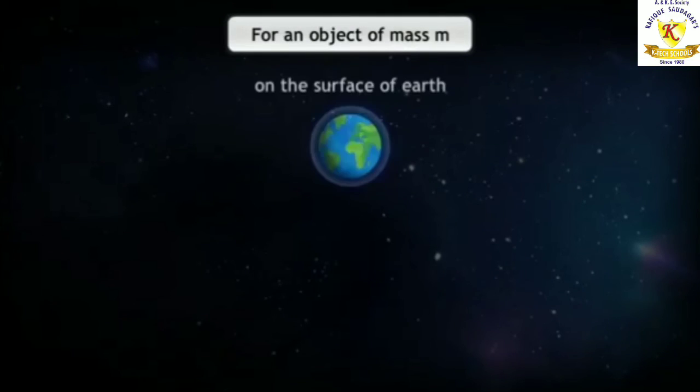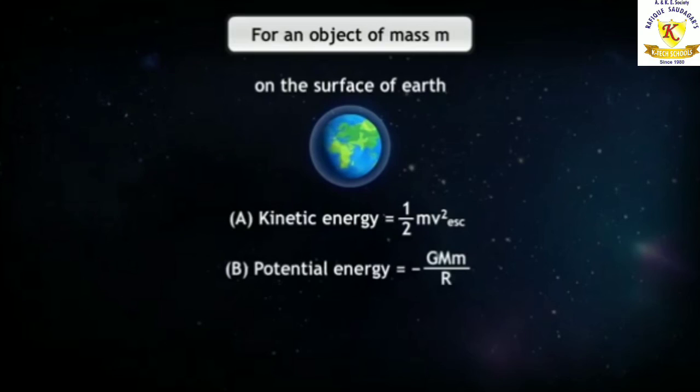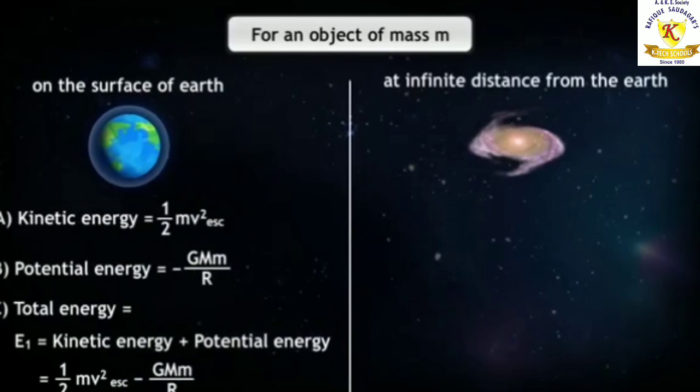For an object of mass m on the surface of earth, kinetic energy is 1 upon 2 m v square, that is, v is the velocity of escape, and potential energy is minus GMm upon r. So, total energy E1, that is kinetic energy plus potential energy, is equal to 1 upon 2 m v escape square minus GMm upon r.